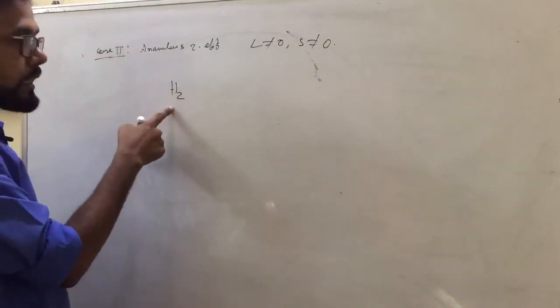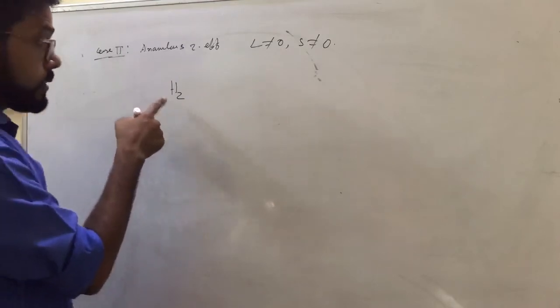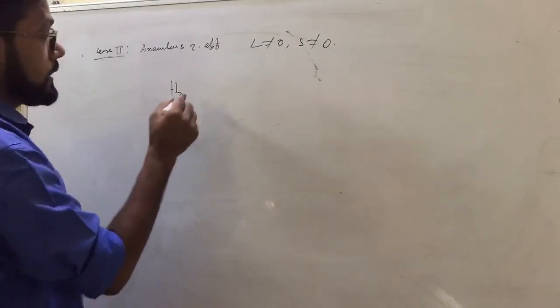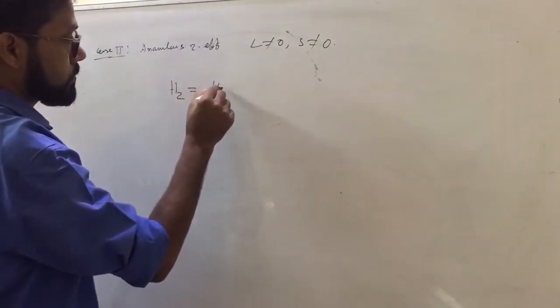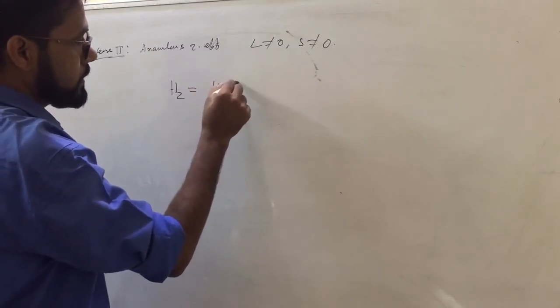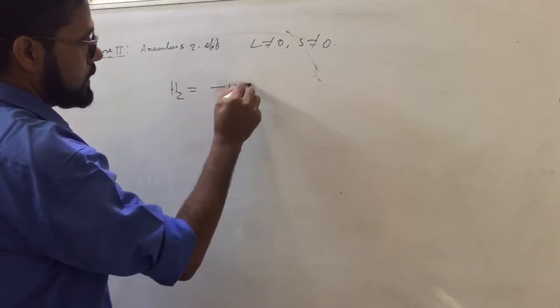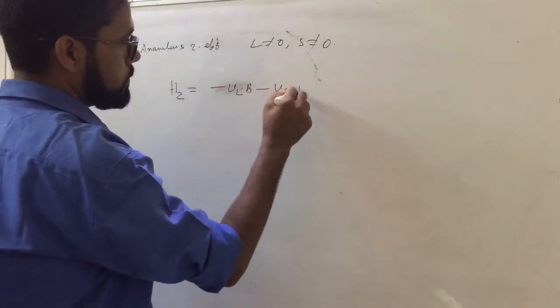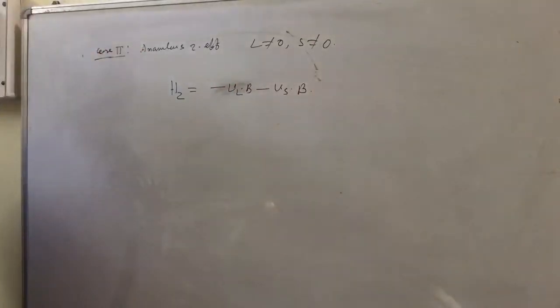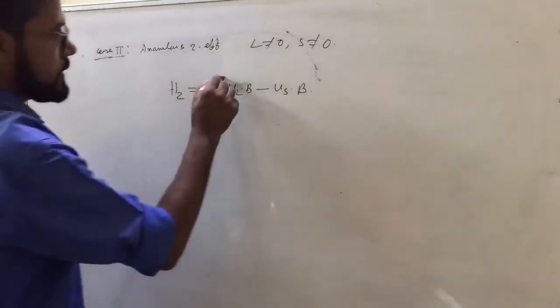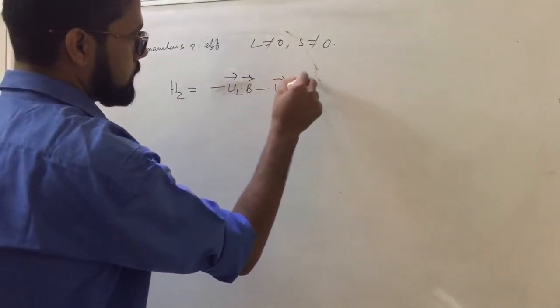the Hamiltonian due to the Zeeman interaction, which is introduced after application of a magnetic field, I can write as minus mu L dot B minus mu S dot B. Clear? This is a vector symbol, this is a vector, this is a vector.